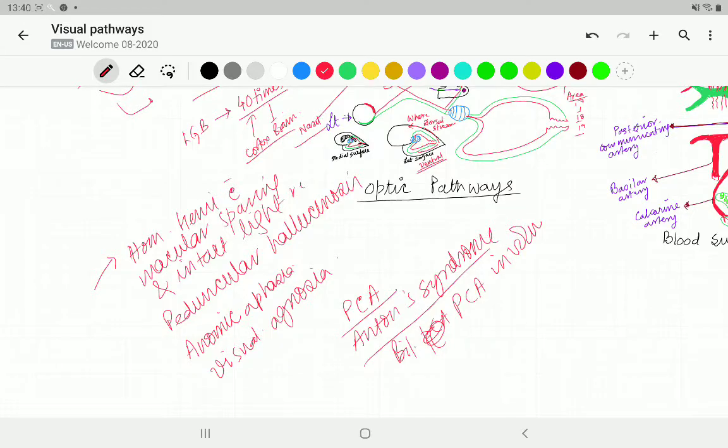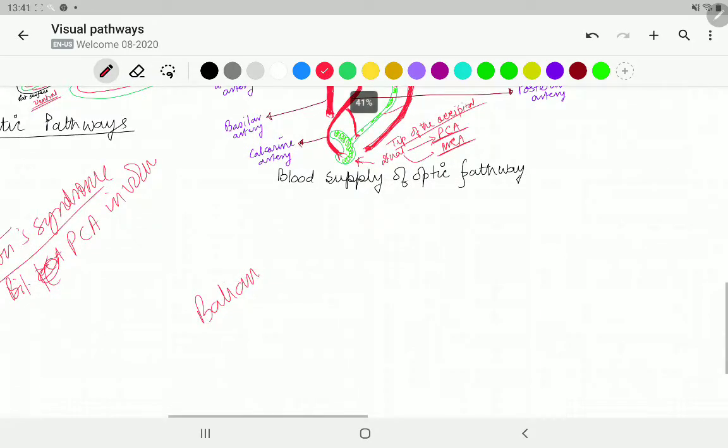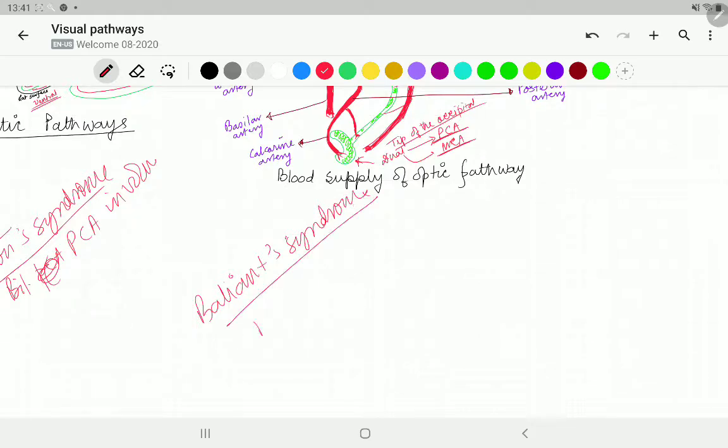There is an interesting syndrome called Balint syndrome, which is where there is involvement of the watershed territory between the posterior cerebral artery and the middle cerebral artery, and they present with a few of these features.